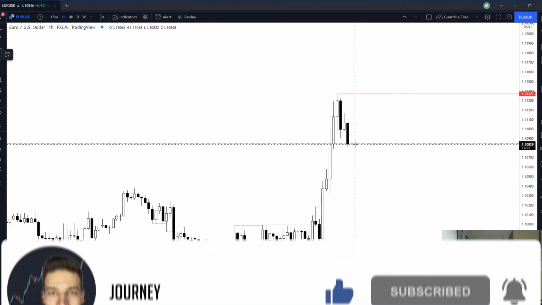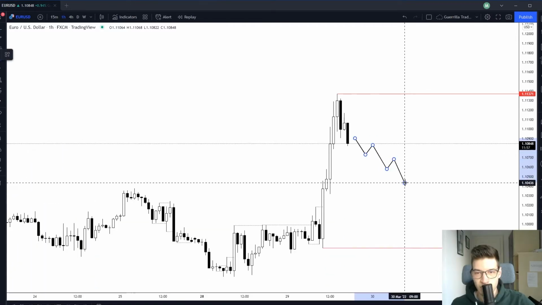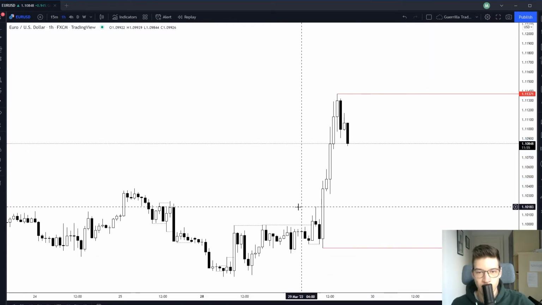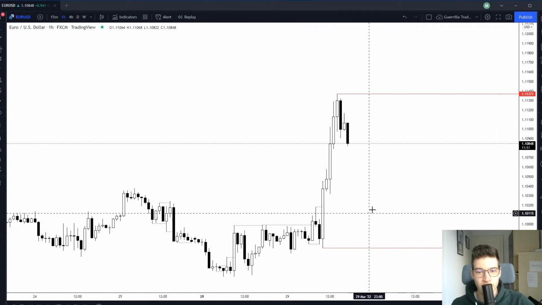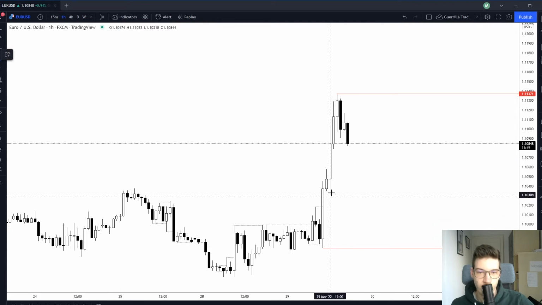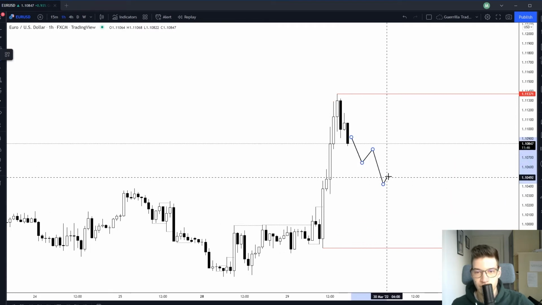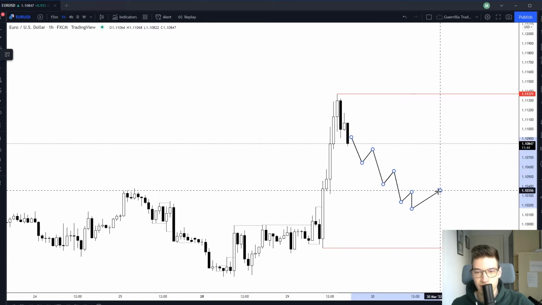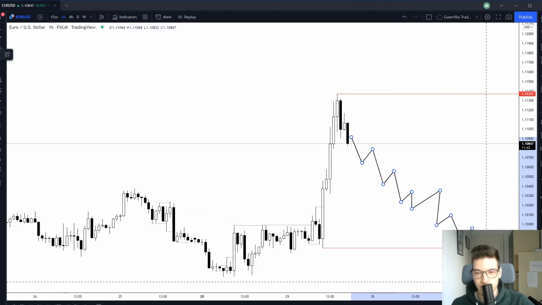Also, I'm not looking to enter on a descending structure to the bullish area, which is this here, because this is just too big for me, and this is a very volatile move, I have to say. And if it goes back to here, then it can just do something like this and continue down.